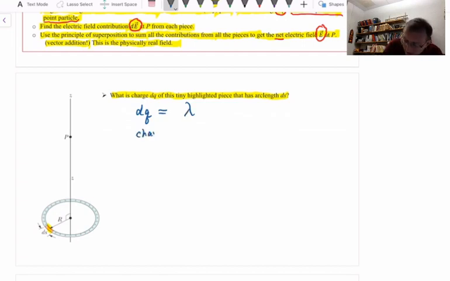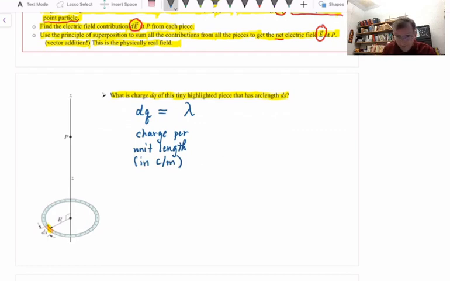You can think of that as the charge per unit length in units of Coulomb per meter. And that's a property of this ring. So I multiply the charge per unit length of the ring by the length of that little piece, which is that little arc length ds. That's the length of the highlighted piece.